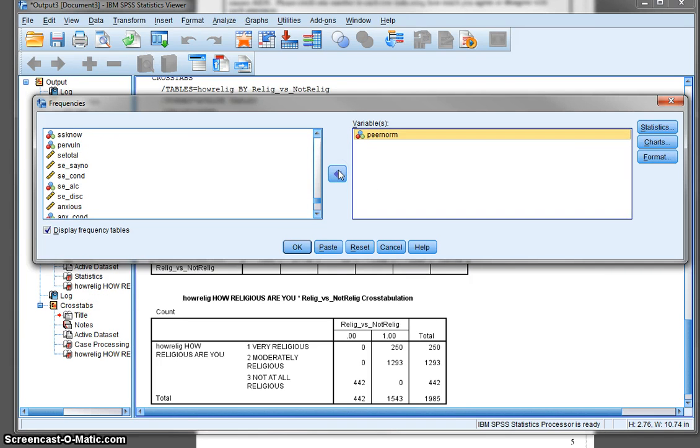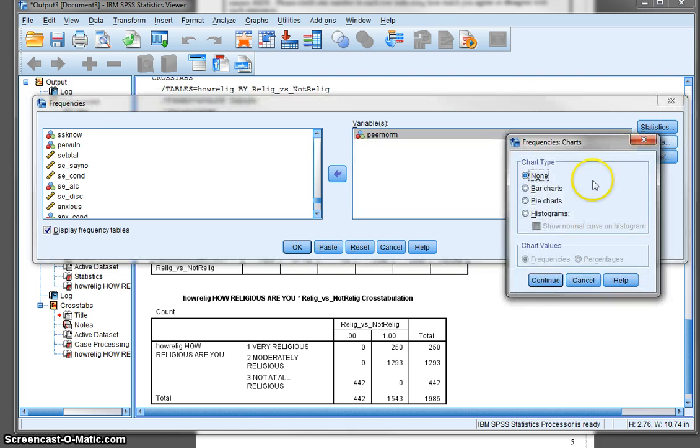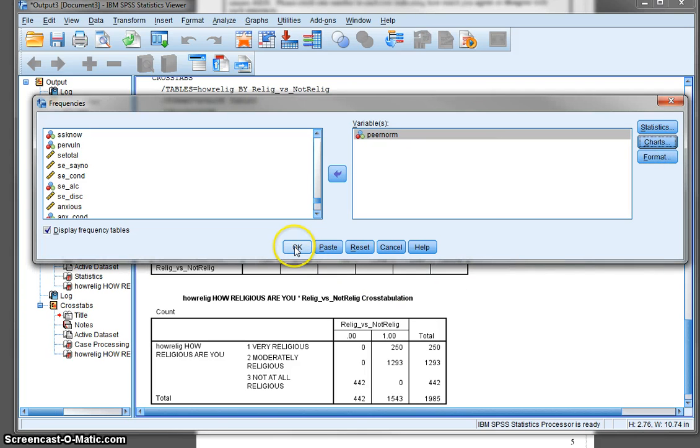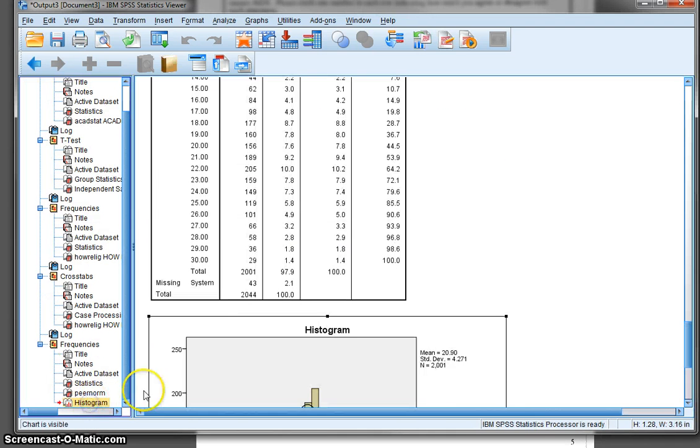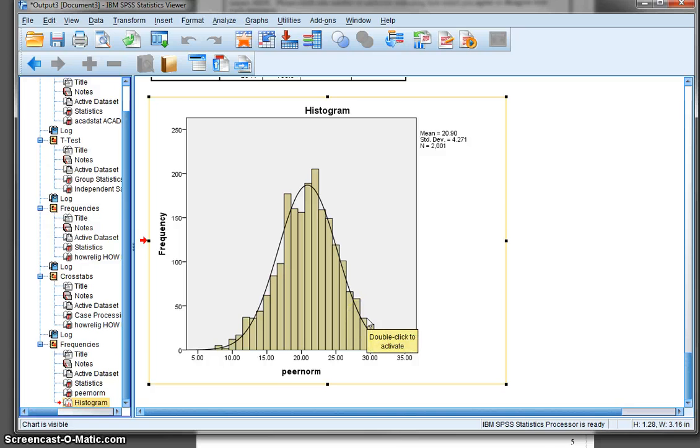Now I'm just going to ask for a histogram. It's always a good idea to have a histogram to look at these data. Sometimes we want to put the normal curve on that. That's fine. Say OK. Let's look at the histogram. Wow, what a nice normal distribution. That we don't see very often, do we? Well, cool.